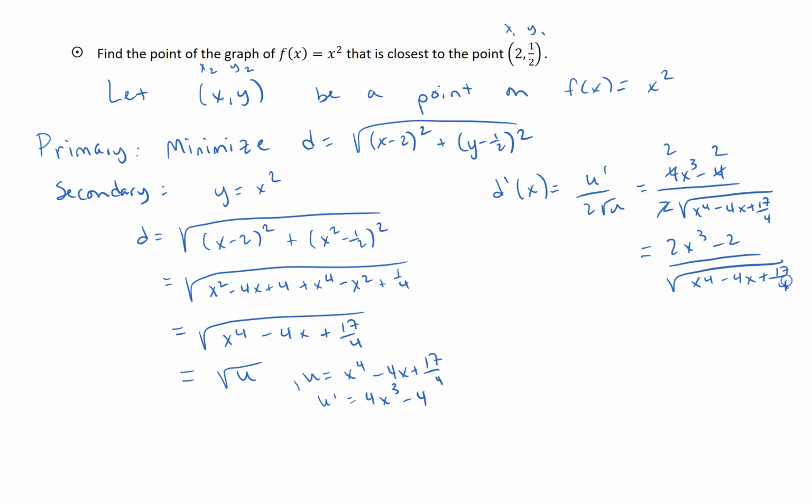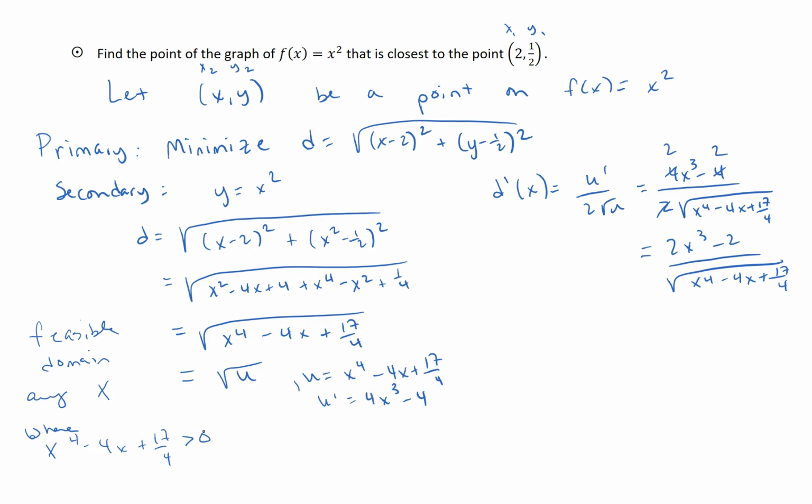Now the feasible domain for this problem, if you were coming back to look at that, would be any x where x to the 4th minus 4x plus 17 over 4 is greater than 0.